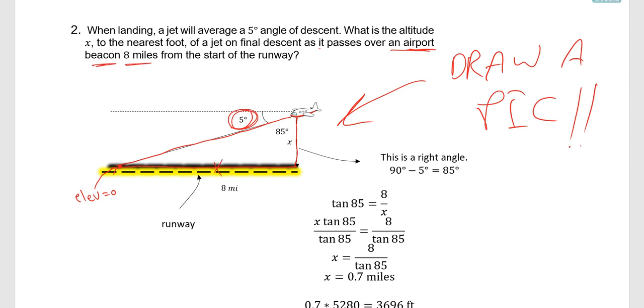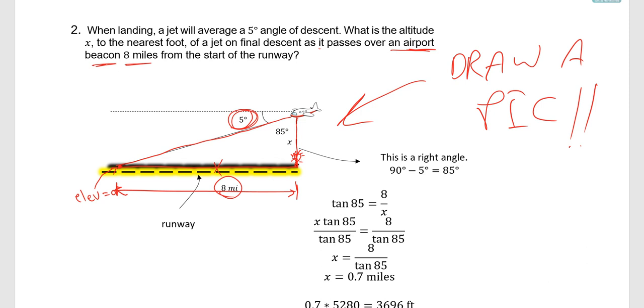Let's make the beacon look like a lighthouse. It looks like it's underground, but it's not really underground, it's above ground here. So it gives us this distance from the position of the beacon to the start of the runway, and this distance is 8 miles.